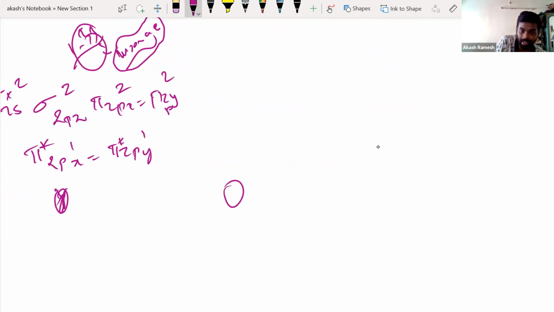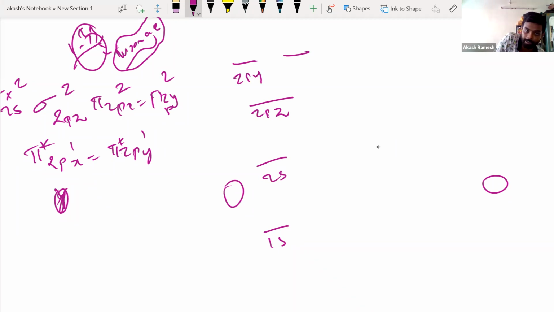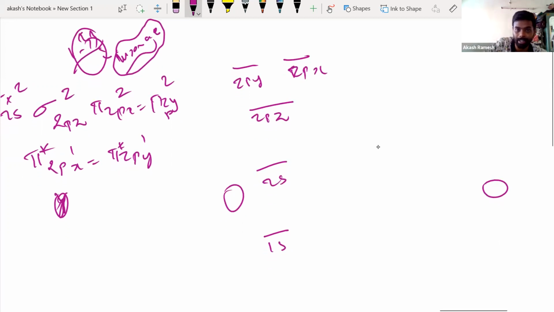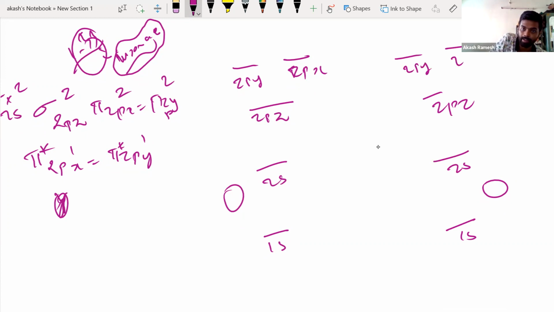So oxygen this side, oxygen this side. Now say I have 1s, one space, 2s, another space, and 2pz, one space. This is 2py and this is 2px. Same way for the other oxygen: 1s, 2s, 2pz, 2py, and 2px.